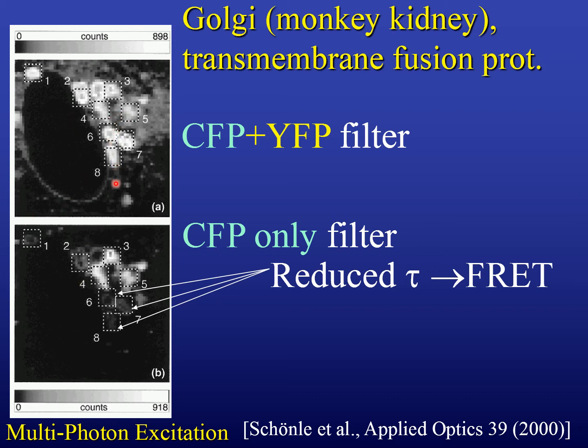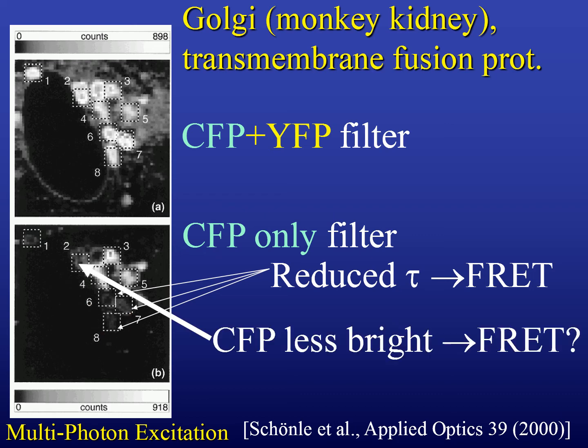So just by ratioing them together, you can see that these are really much less bright in these channels. And so there's a reduced donor lifetime here, and therefore also a reduced donor brightness, what you can see here.